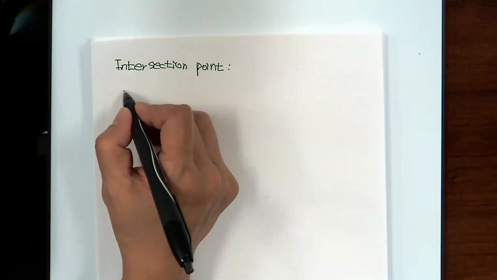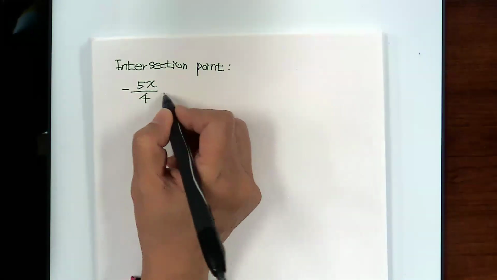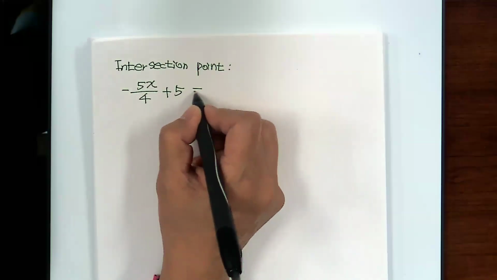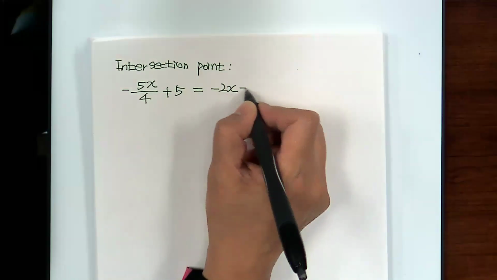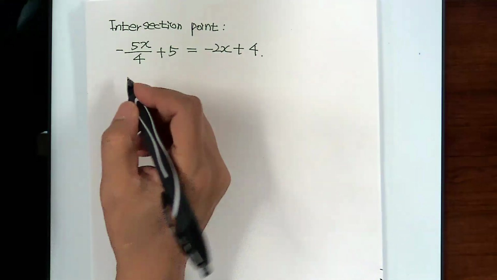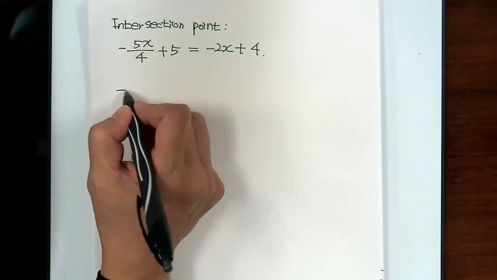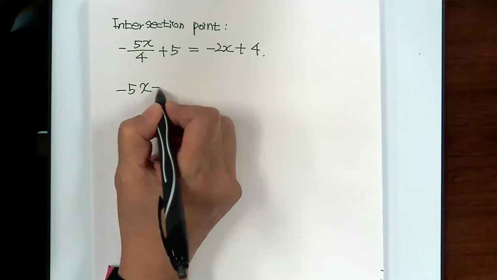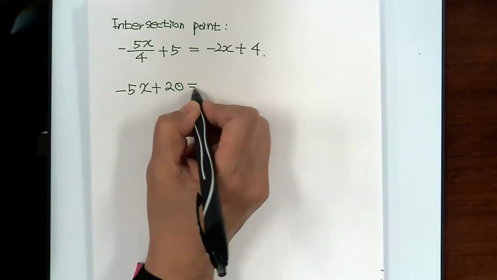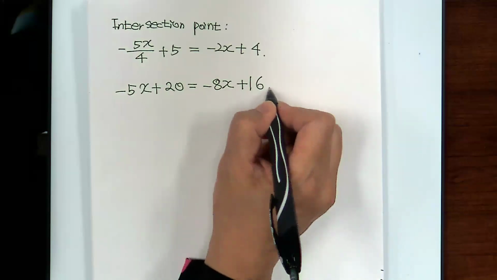The equation is minus 5x over 4 plus 5 equals minus 2x plus 4. So we just multiply by 4 on both sides, then that is minus 5x plus 20 equals minus 8x plus 16.